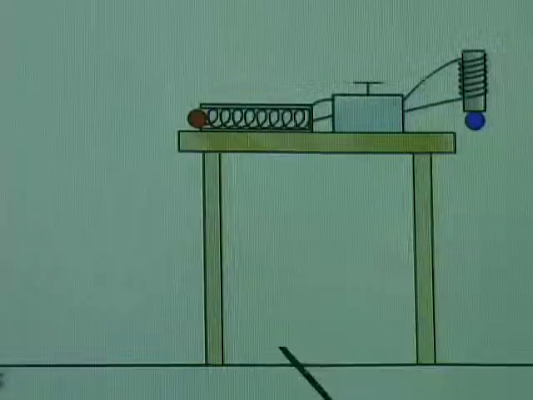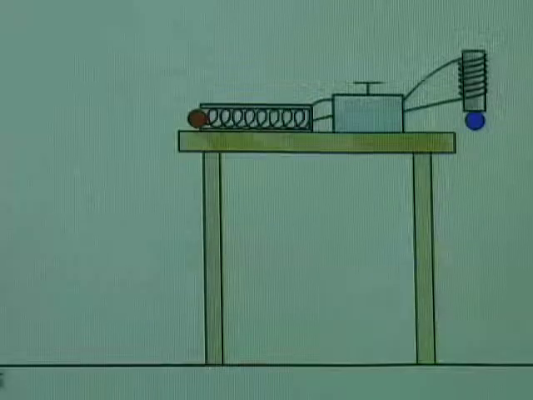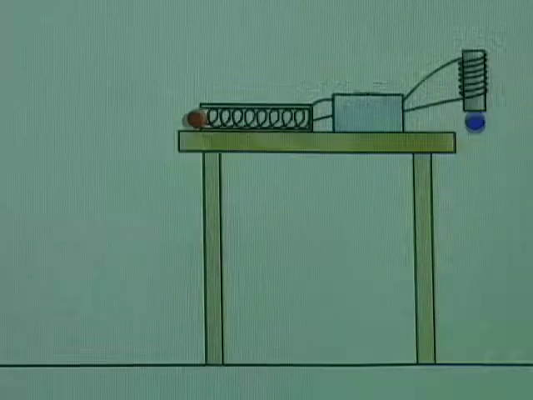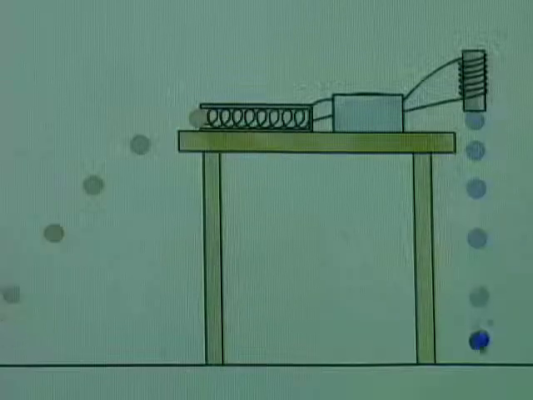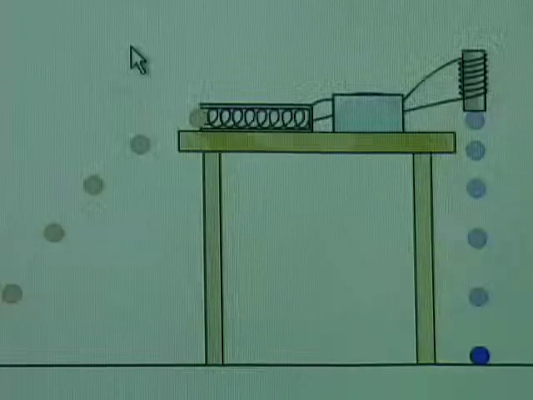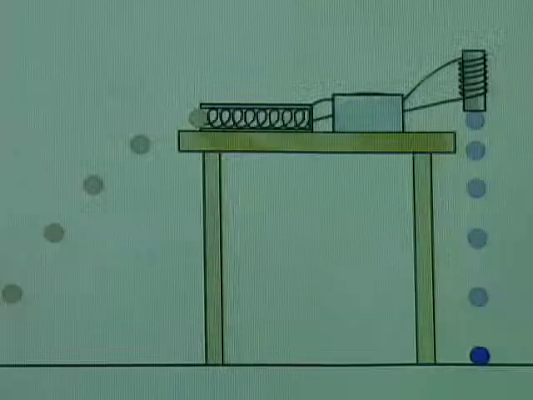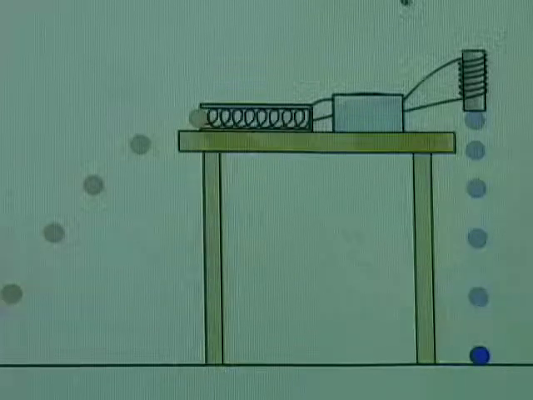Now watch the motions of these two balls. I'm going to flip the switch and watch the motions of these two balls. Now what do you see here? Well, do you see them moving and falling at the same time?